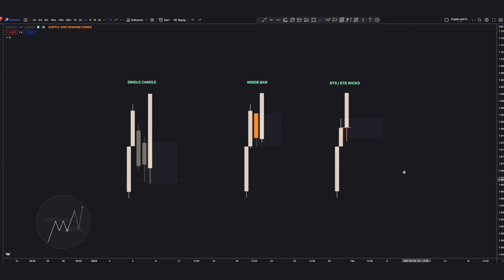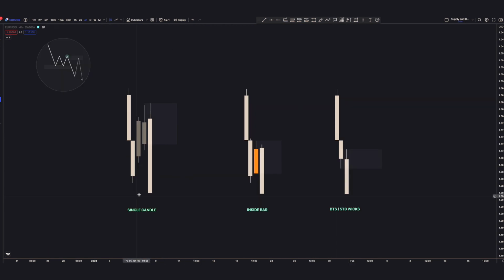Okay. And I just made this paint here on the bullish side, because it's the exact same if it was going down. If it was on the bearish move, the same thing would happen. We would have this zone here going down, the inside bar.